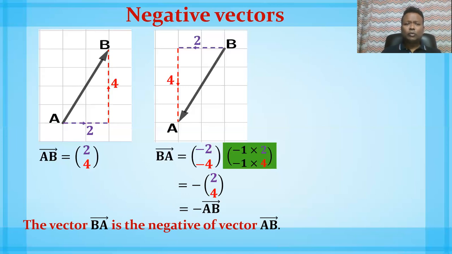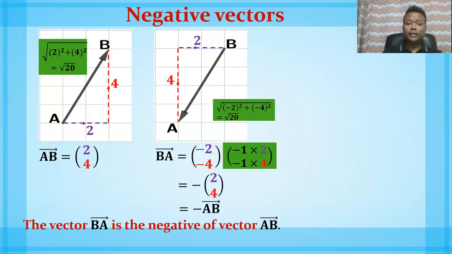Students, let us look again at the vectors AB and BA on the grids. The magnitude of the vector AB is square root of 2 square plus 4 square, which is square root of 20. Now the magnitude of the vector BA is equal to square root of negative 2 square plus negative 4 square, which is equal to square root of 20.